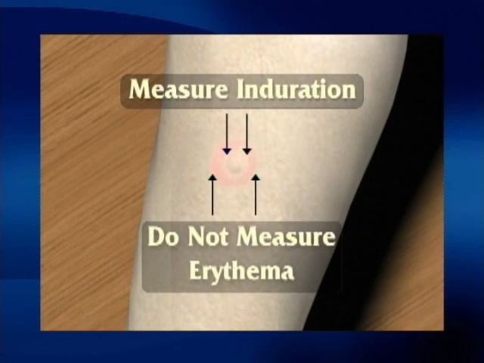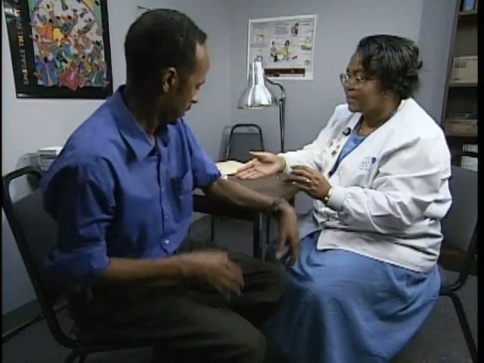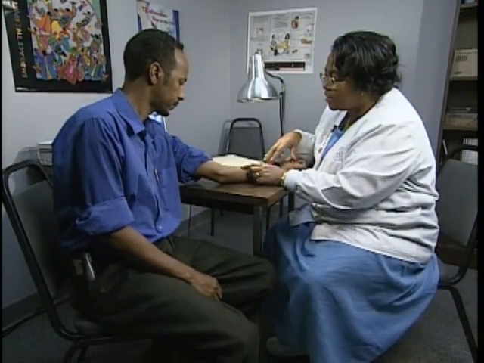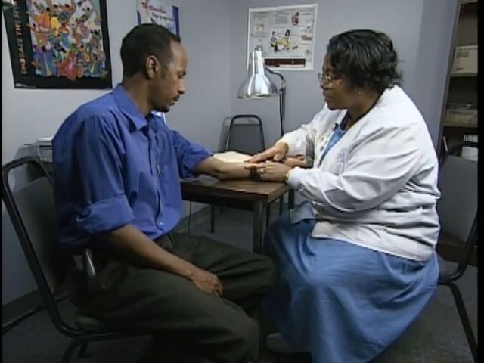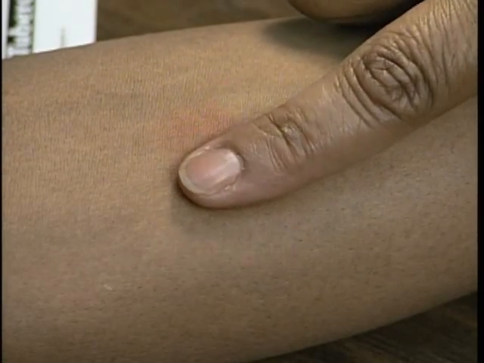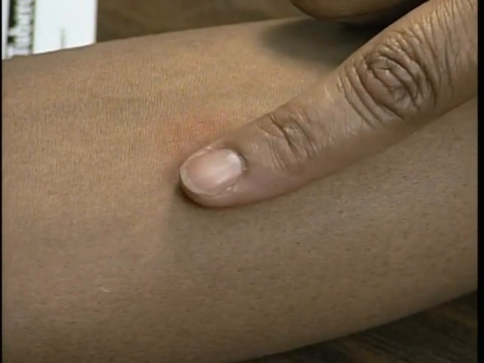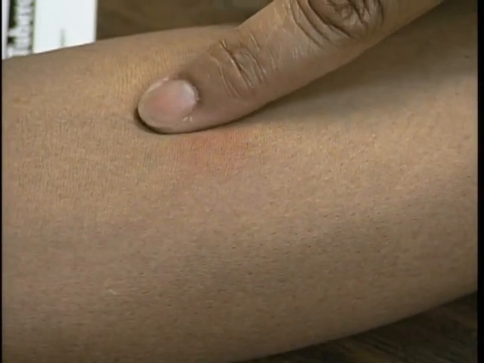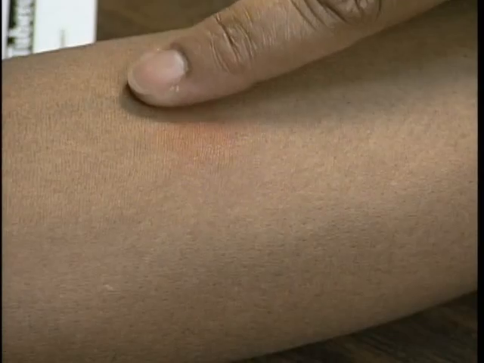Sometimes the site has erythema, a reddening of the skin that can also have swelling. The erythema should not be measured. Whatever induration is present at 48 to 72 hours should be measured and recorded. Only the part of the reaction that can be felt, which is the induration, is measured, even if there is soft swelling or redness at the site. Keep in mind there might not be an induration.